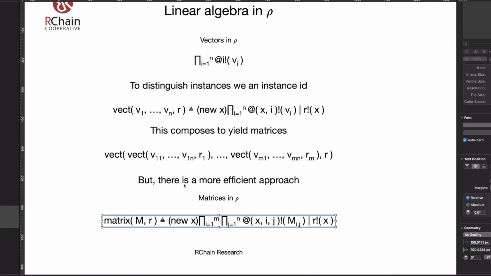There is obviously a more efficient approach. So for a matrix M, I can do the same trick. I make some salt, and then the ijth entry of the matrix is put out on the salted ij name. So part of this is just beginning to realize that Rholang is notationally very compact and efficient, right?